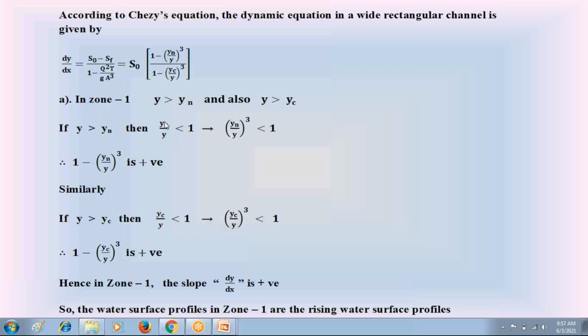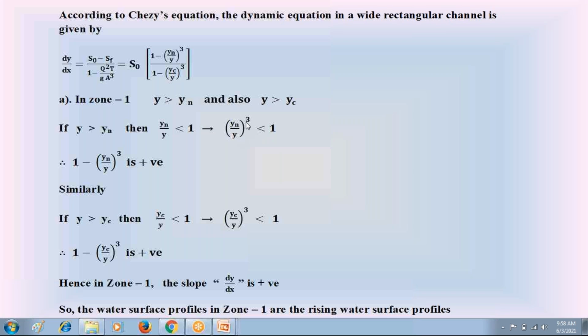Because this Y is greater than Yn, this ratio Yn by Y is less than 1. Since Yn by Y is less than 1, (Yn by Y) whole cube is also less than 1. So in zone 1, the depth of flow Y is greater than normal depth Yn, then Yn by Y is less than 1. So (Yn by Y) whole cube is also less than 1.